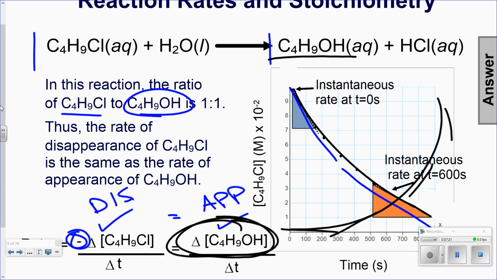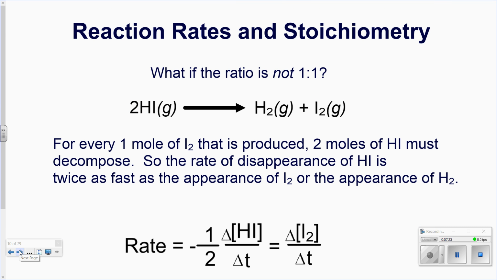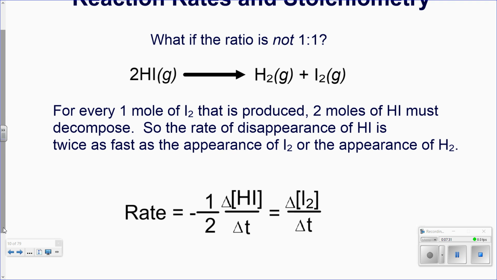Moving forward. Reaction rates and stoichiometry. What if it's not 1 to 1? If we're not comparing something that's 1 to 1, we just have to simply consider the stoichiometry here. So let's look at this. For every 1 mole of I2 that's produced, 2 moles of HI must be consumed or decomposed.